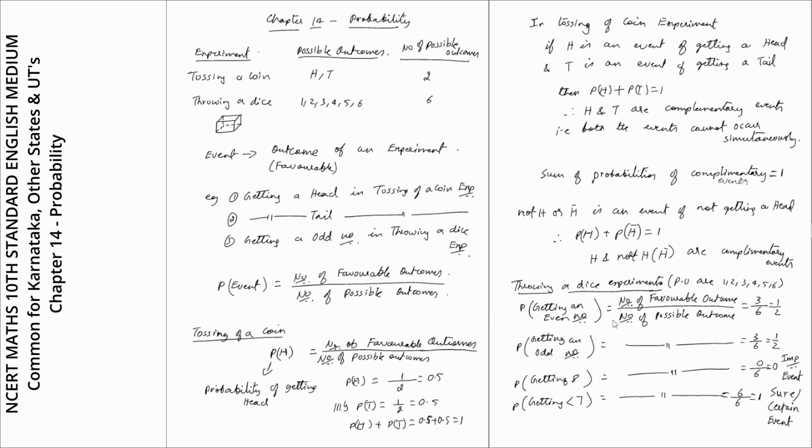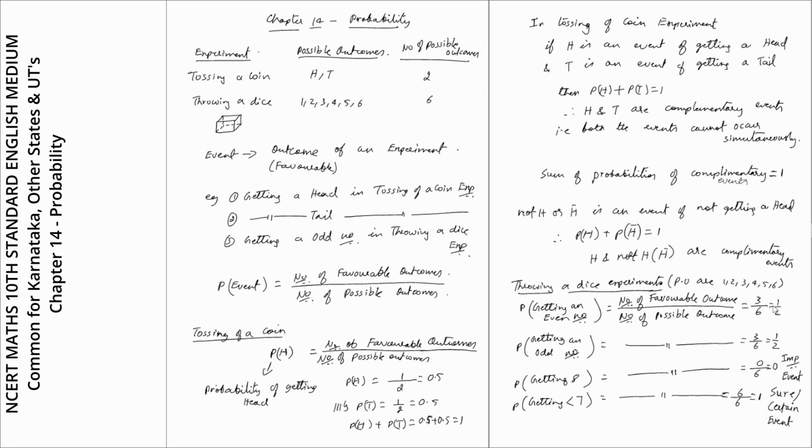According to the standard definition, the probability of an event is defined as the number of favorable outcomes divided by the number of possible outcomes. In this experiment, what is the number of possible outcomes? It is 6, because you can count and check: 1, 2, 3, 4, 5, 6.